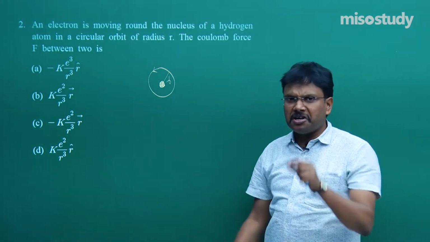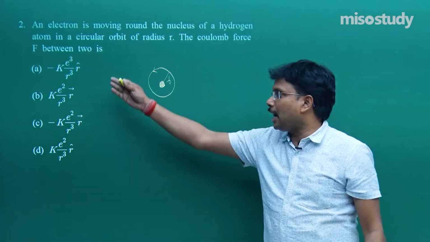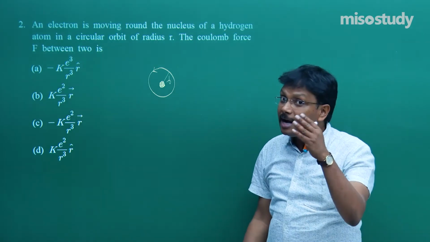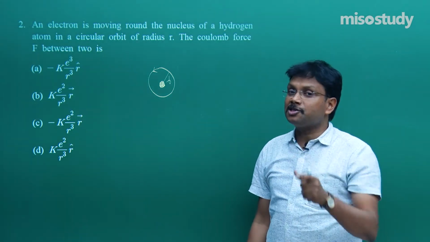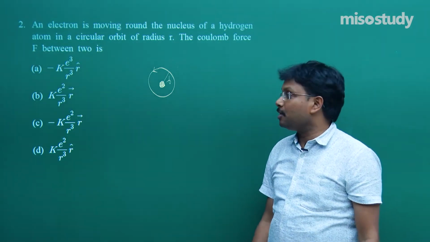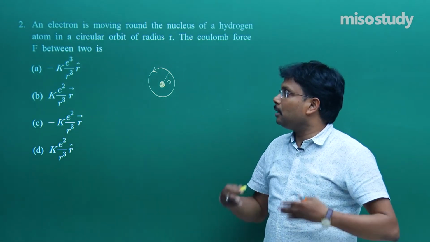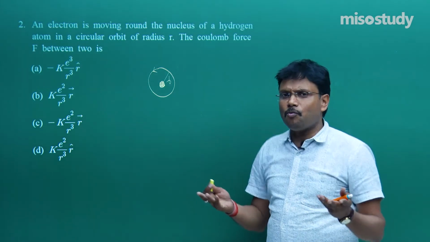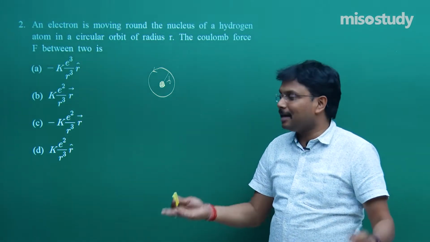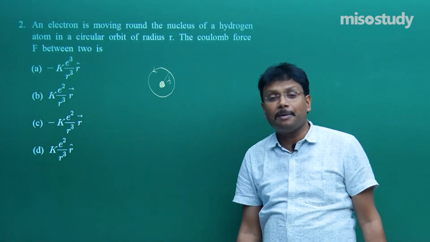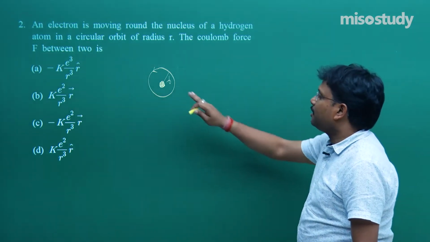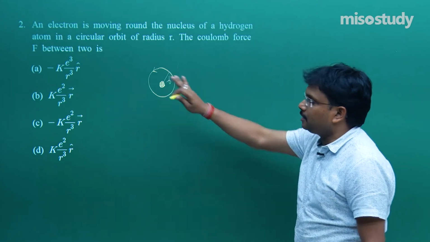So this question is directly based on that particular topic. During the discussion of regular topics in regular lectures, we are also telling you the expected questions, so you know what questions they are going to ask. That's why we discuss Coulomb's law in vector form. So everything is simple over here. Simply you have to apply this concept.